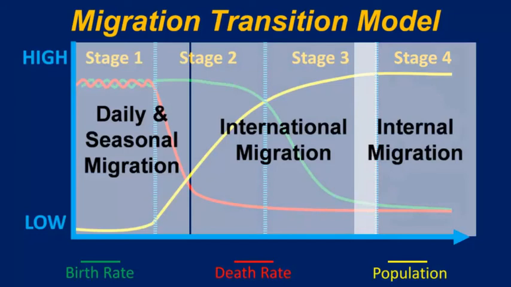In stage 2 and stage 3, you're going to see more international migration, in which people are going from one country to another. Internal migration is patterns within: people moving from one part of the city to another, people suburbanizing, people coming back to a city, young people moving back to an urban core. Those are all examples of internal migration, which is the key main type in most stage 4 countries.